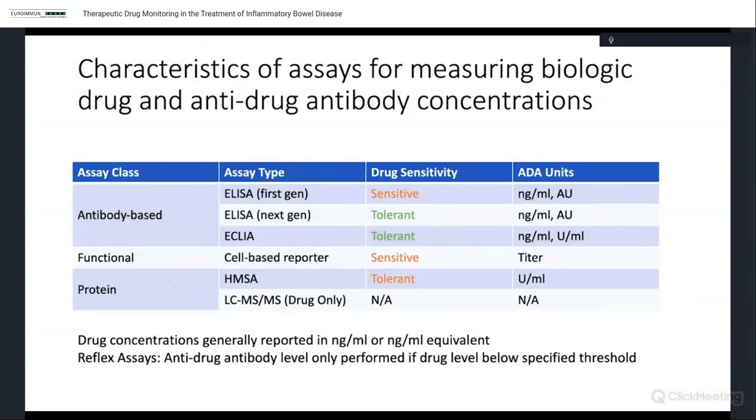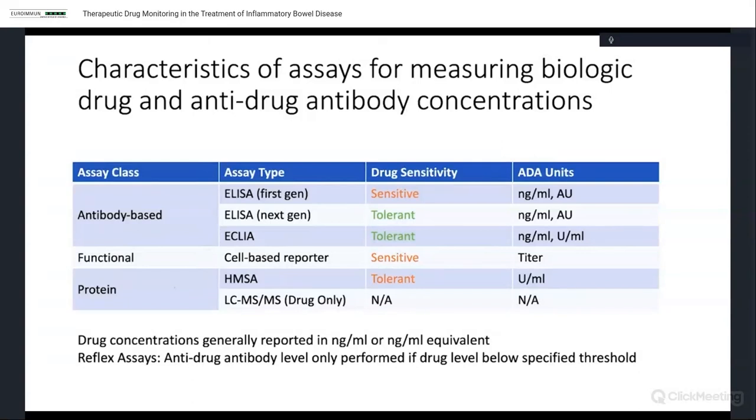The last concept I'd like to introduce with regards to assays are reflex assays, which are really strategies employed by the lab in which anti-drug antibody levels are only performed if a drug level is below a specified threshold.